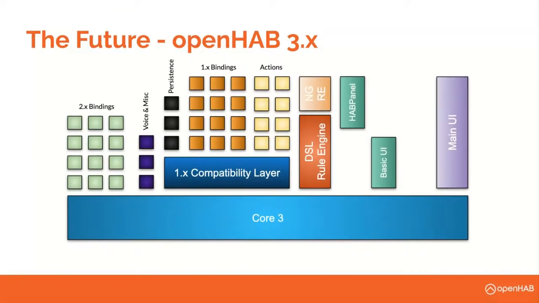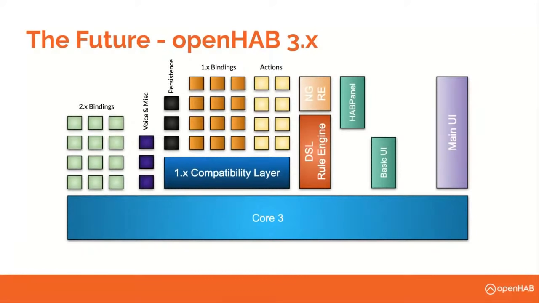Now, another simplification, which was also driven by the fact that the main UI was done from scratch again and should really improve the user experience of openHAB overall, was that we still have the 1.x bindings in the compatibility layer, which completely behave differently. They cannot be configured in the same way as the new bindings.